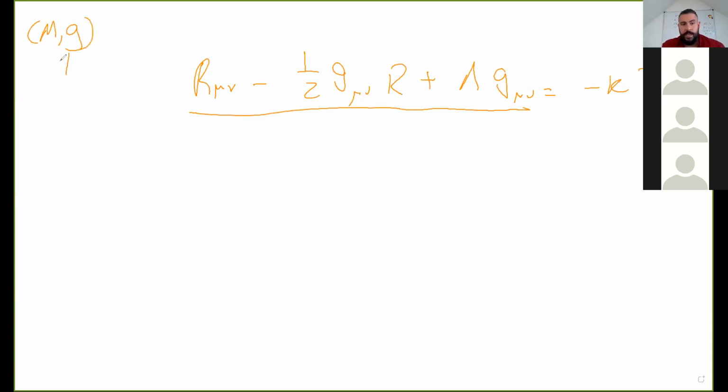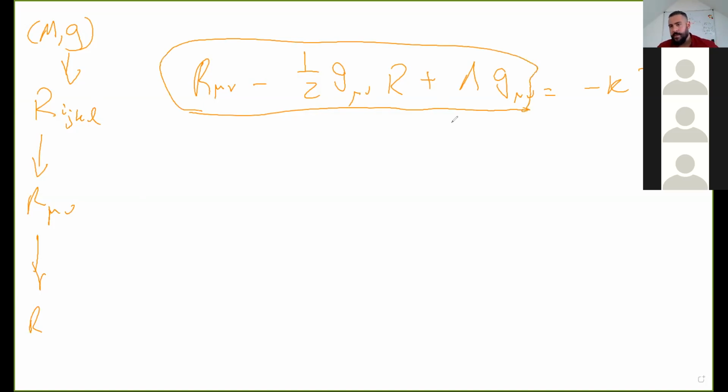If this metric is curved, it has a Riemann tensor, a Ricci tensor, and a Ricci scalar. What Einstein was able to do is relate the geometrical side of a space-time, or of a manifold as mathematicians call it, with the energy content of this space-time. Basically, if you calculate this for very easy examples, what you get is the Newtonian approximation, which people used to understand as gravity, and now this has changed.